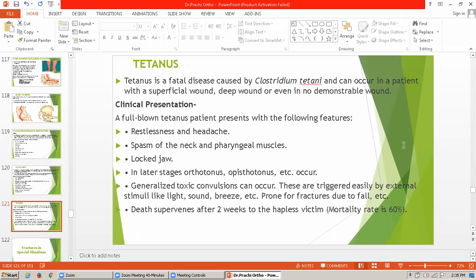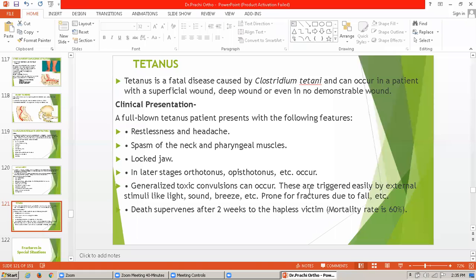There is restlessness and headache, then spasm of the neck and pharyngeal muscles, and locked jaw. In later stages, there is orthotonus, opisthotonus, etc. Generalized toxic convulsions can occur.